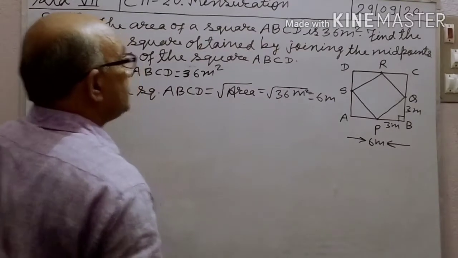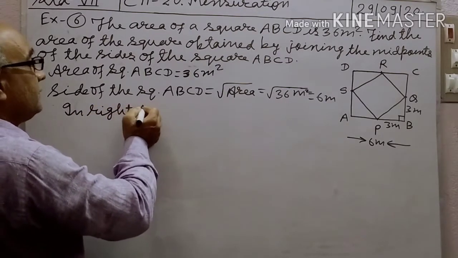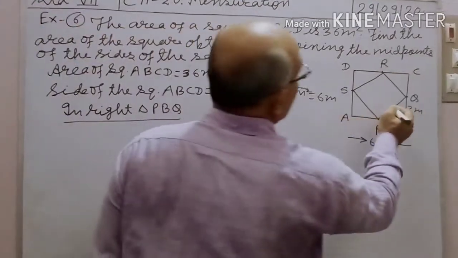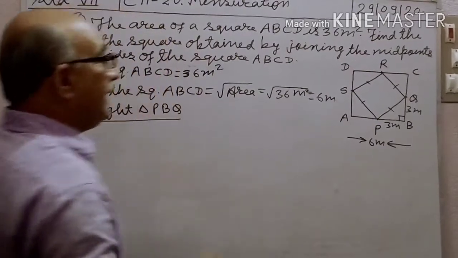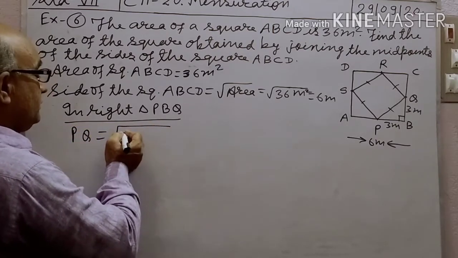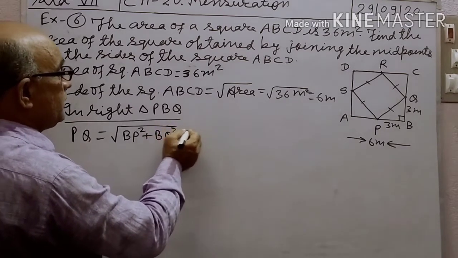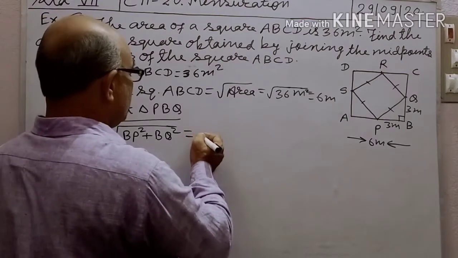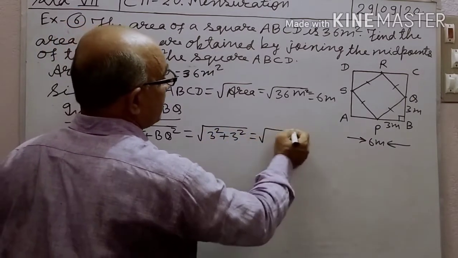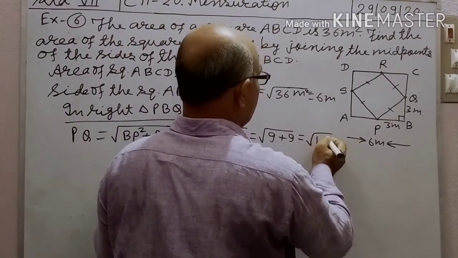Here is a right angle. Now, in right triangle PBQ, PQ equal to under root BP square plus BQ square, equal to under root 3 square plus 3 square, under root 9 plus 9, equal to root 18.